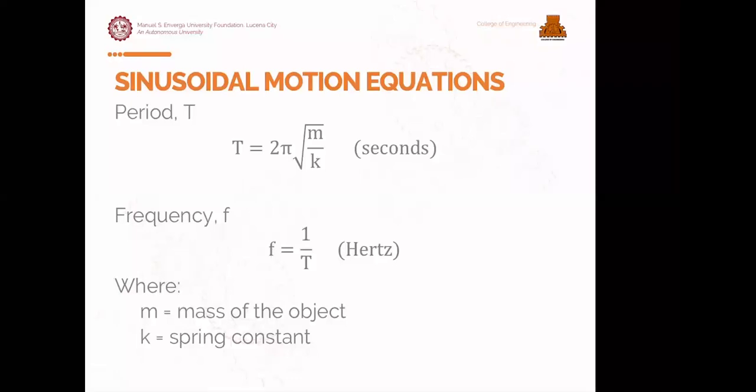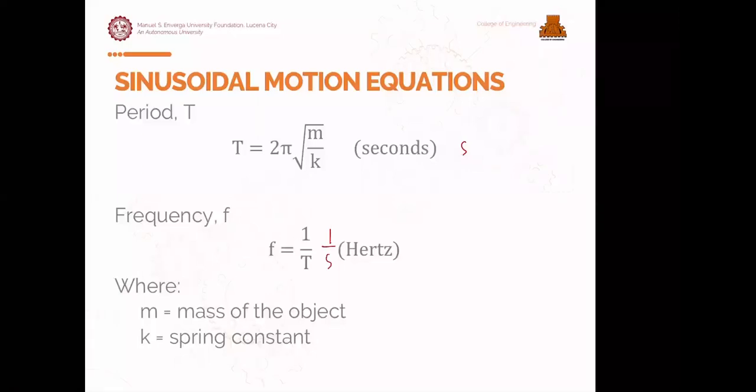Okay? Then the resulting value that we will be having using this formula is in terms ng seconds kasi period yung pinag-usapan natin. Then, yung sa frequency, ang relationship ng frequency and time period is reciprocal with each other. So, ibig sabihin, to get the frequency, you just need to get the reciprocal of the period or 1 over T. So, kung seconds yung unit ng period, ibig sabihin 1 over s yung unit natin ng frequency.